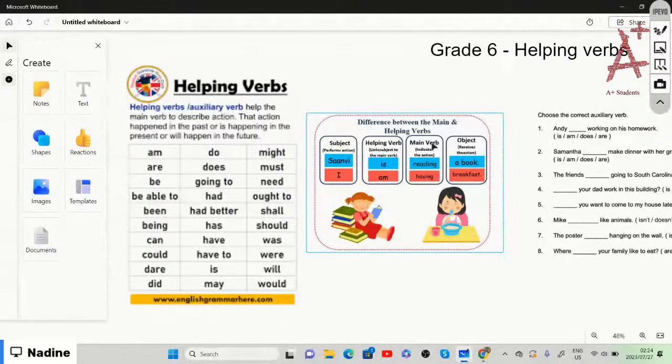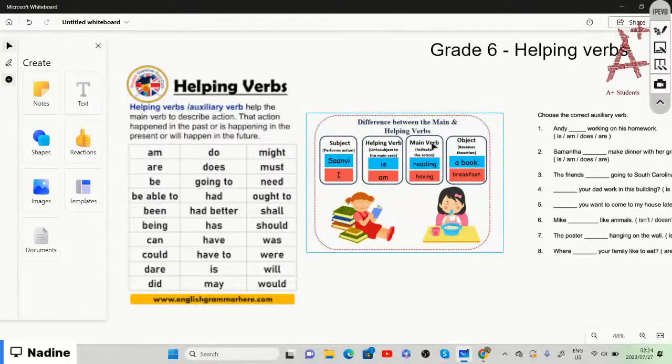All right, so now we are going to look at possible helping verbs, right? Helping verb is another word for auxiliary verb, and it helps the main verb to describe the action. And that action happened in the past, is happening in the present, or will happen in the future, right?